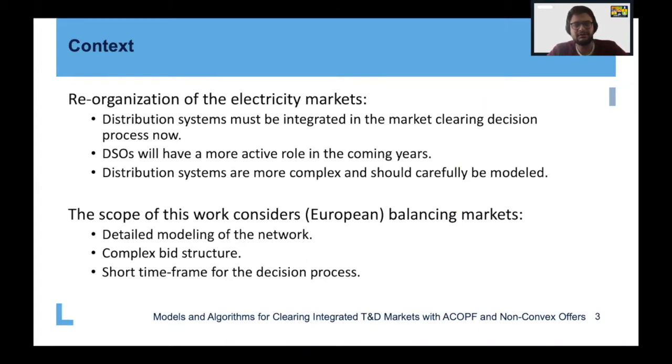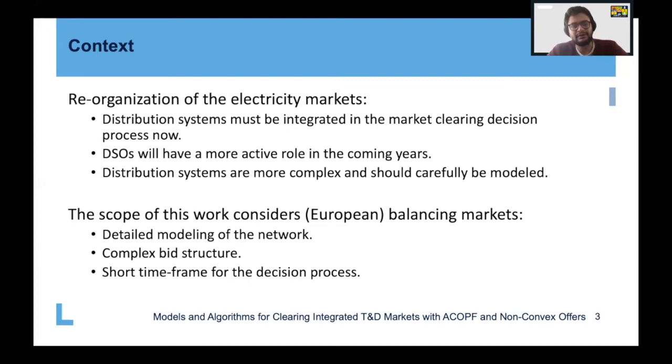The DSOs will have a more active role in the coming years. And also the distribution systems are more complex to model. We have to account for losses, which is not always the case for transmission networks. So distribution systems must be modeled more carefully.